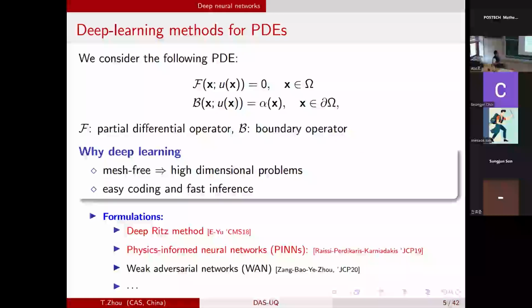For this kind of PDE, you have many classical methods such as finite element, where you use local polynomials to approximate the solution, the linear finite element or second order quadratic finite element. And also you can consider the spectral method, where you use the global polynomial approximation in the whole domain. So these are popular methods to solve this PDE.